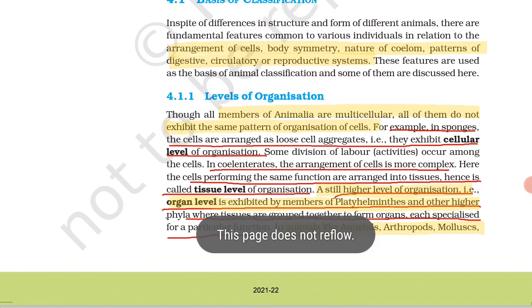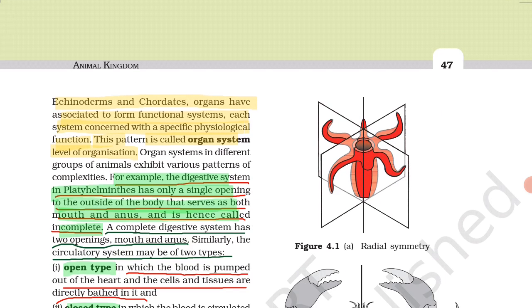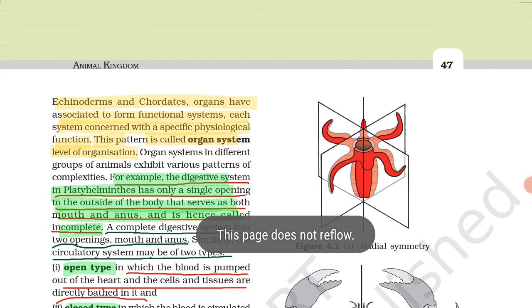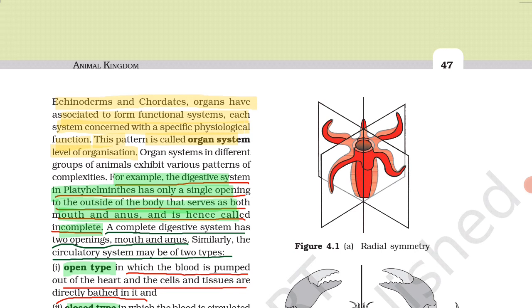Organs are associated to functional systems, and each system is concerned with a specific physiological function.